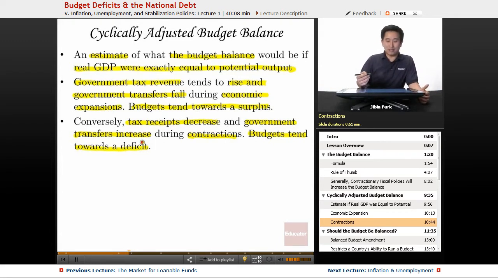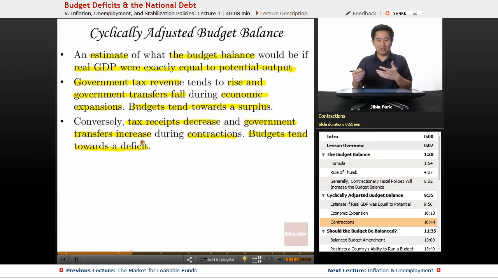So the idea is that when you're dealing with a budget balance, it's okay in the short run to maybe incur a deficit, and at the same time there's a surplus, but it doesn't mean that you get rid of the surplus, but you kind of save for a rainy day.